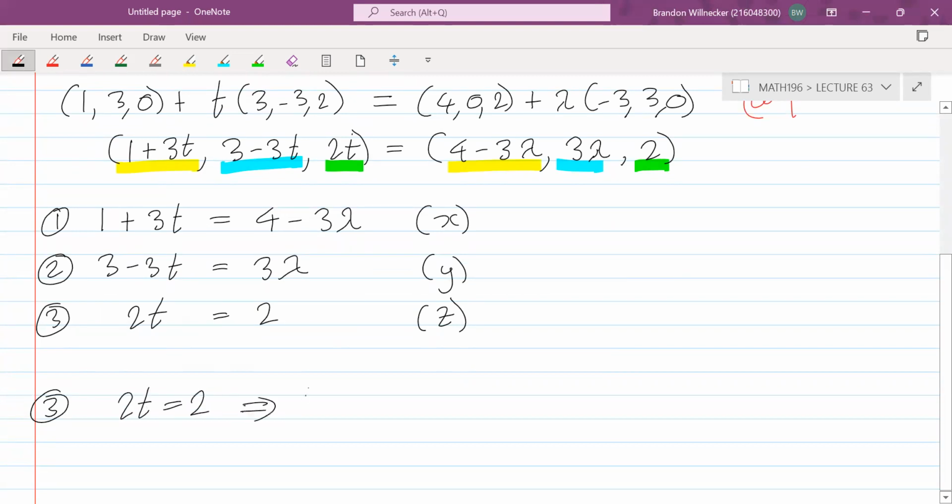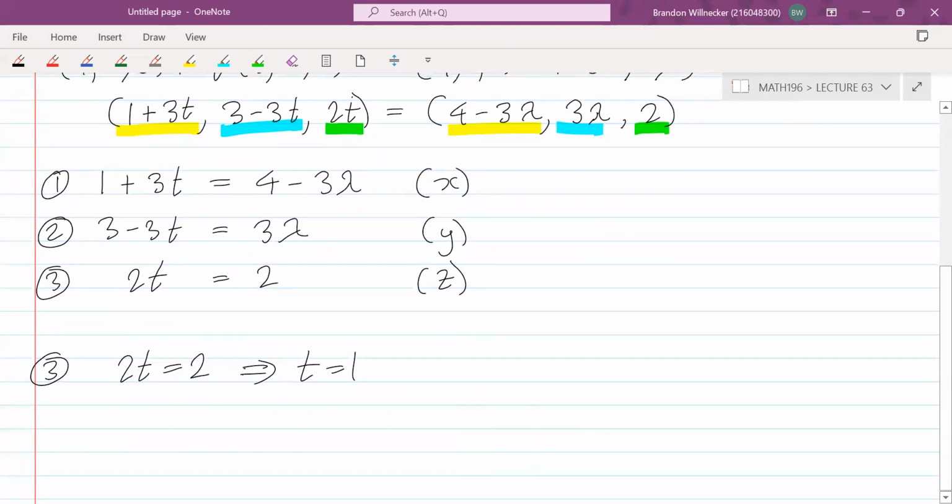Divide both sides by 2, we have t is equal to 1. So if t is equal to 1, we can use that to substitute in the other equations to figure out what lambda is. So let's sub it into equation 1. We have 1 plus 3 times t, so 1 plus 3 is equal to 4 minus 3 lambda.